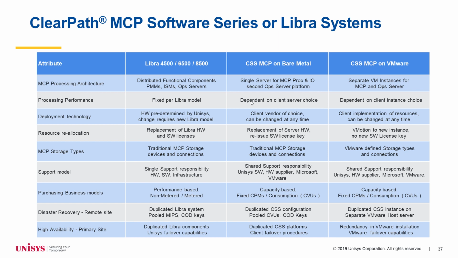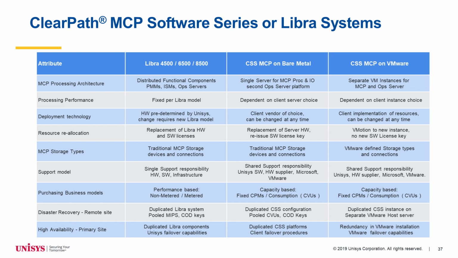You don't have to wait for Unisys to do an integrated platform for you. You can move and get that performance boost based on the platform that you choose. And that's the same whether it's on VMware or on bare metal. You would still be able to choose what the platform is. Now for resource reallocation, you would have replacement of the Libra hardware and software licenses. So it's a full replacement of everything that you had.